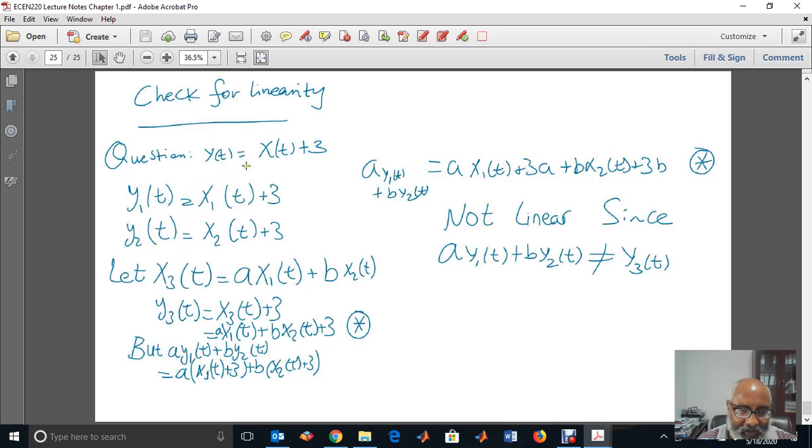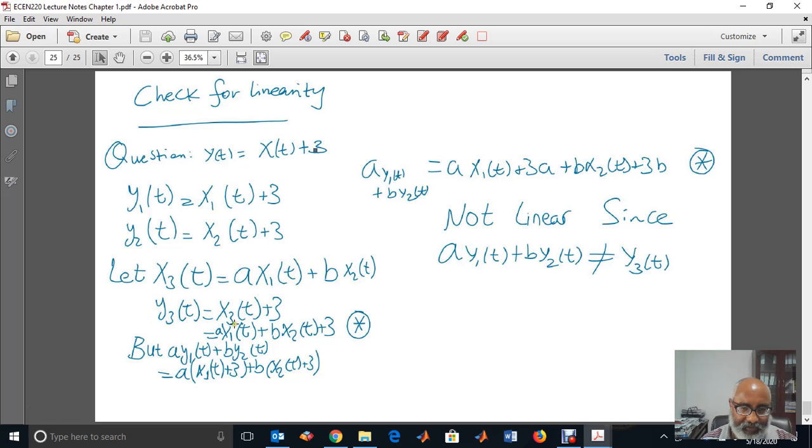Okay, this is for linearity. y1 of t is x1 of t plus 3, y2 of t is x2 of t plus 3, because this is x of t plus 3. Then create another input x3 of t equal to a x1 of t plus b x2 of t.